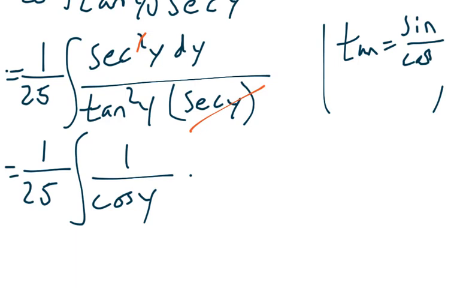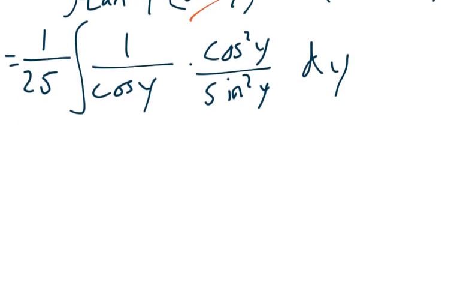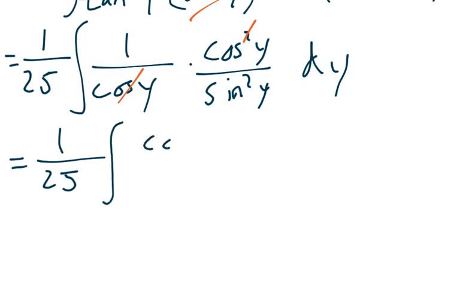So now we have 1 over tangent, so we have cosine squared y over sine squared y, and then we have dy still. Good, now we can do another cancellation, and what we end up with is 1 over 25 integral cosine y over sine squared y dy.